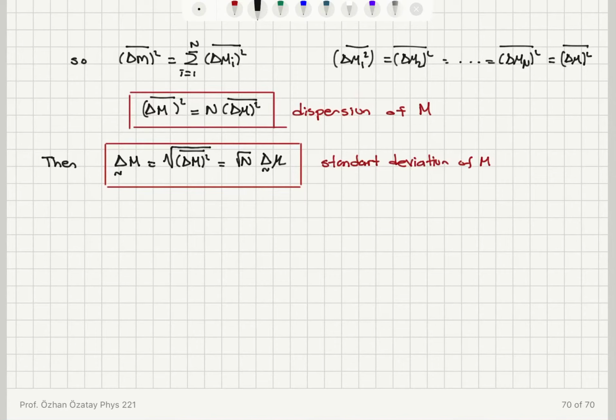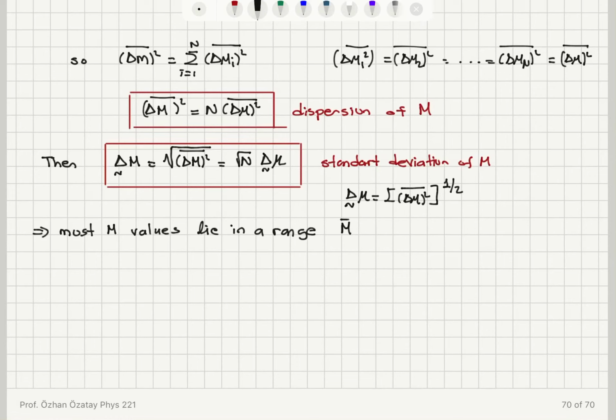All right, and also here in this equation, what I mean by standard deviation of mu is delta mu square bar average to the power 1/2, so the square root of this. So what this means is that most capital M values lie in a range m bar plus or minus a standard deviation.